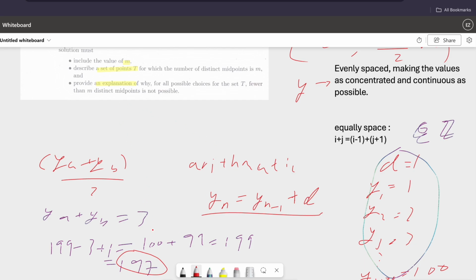And this is also the smallest, since as long as we have 100 distinct y values, if we look for the midpoints, we will find at least 197 possibilities for the sum of two y values. And here's the solution, which is 197.